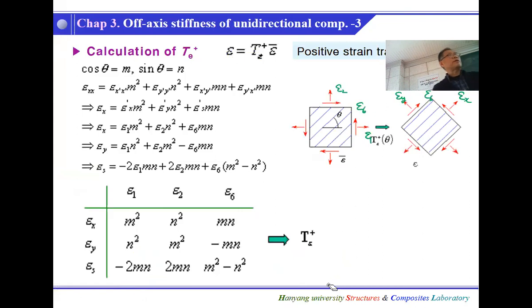Please don't get confused. Strain, in other words, is when a material deforms. So the strain at that point exists. It's very difficult to explain, but it exists. But now, to explain that strain using this coordinate or that coordinate, only the components will vary. The strains are there, okay?